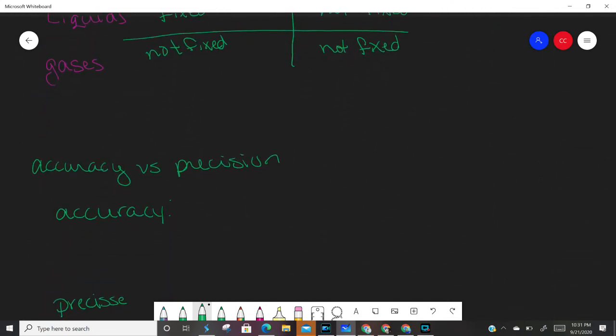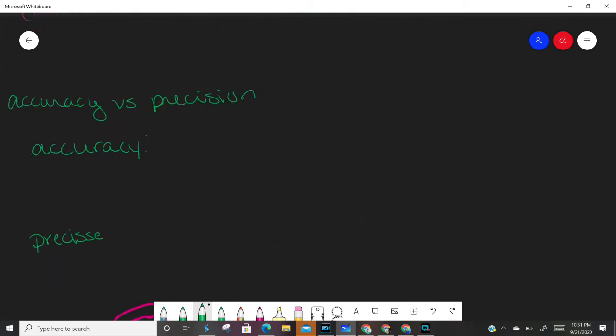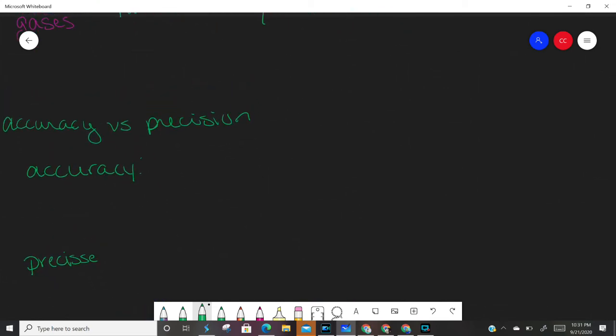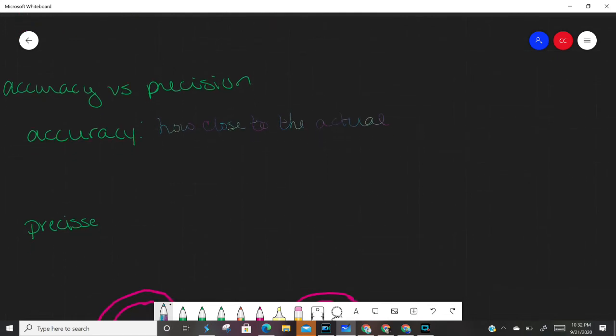Okay, so here's another term we did not talk about. Accuracy is how close to the actual are you getting? How close to the target are you getting? Precision is how close your trials are together.